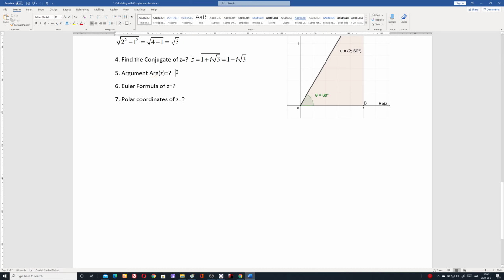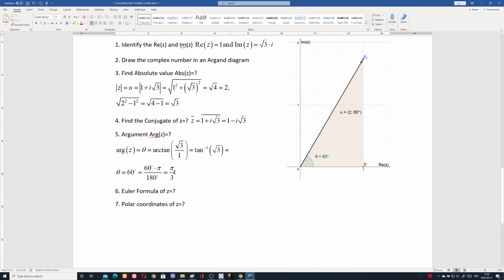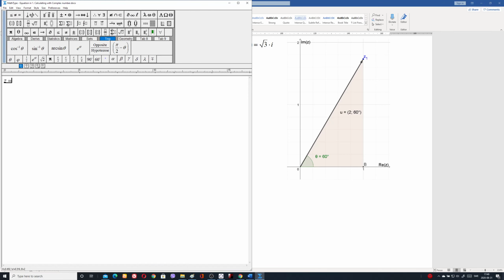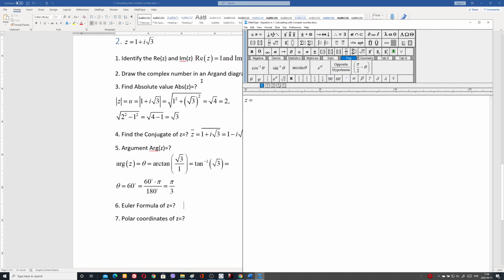And the Euler formula is z equal to the absolute value, here 2, multiplied by e to the power i multiplied by pi divided by 3. This is the Euler formula.